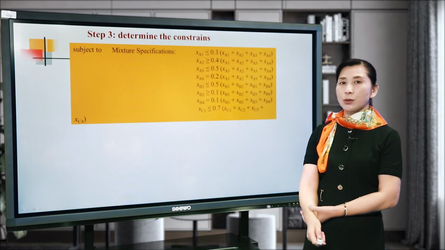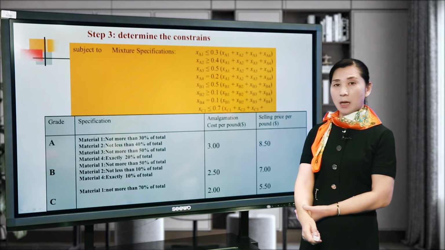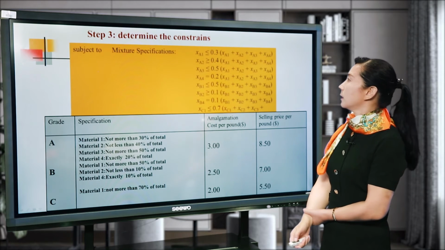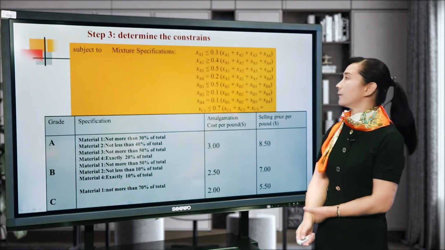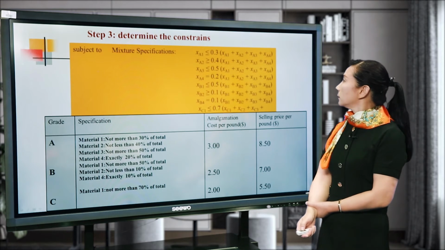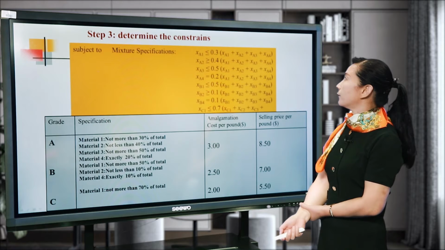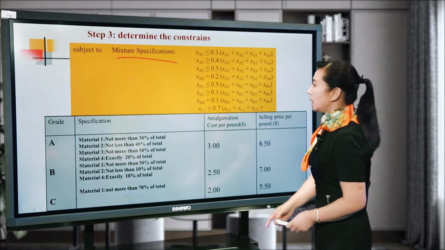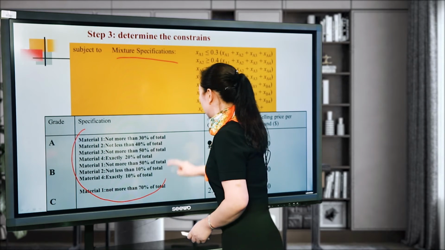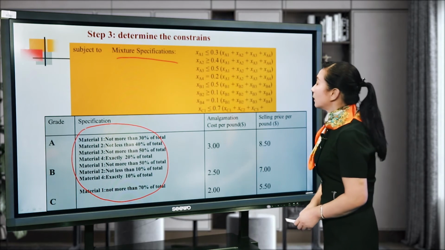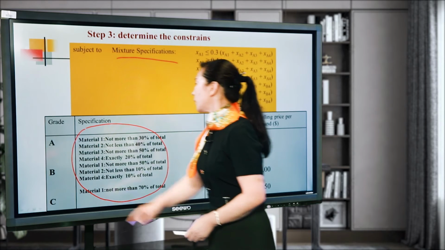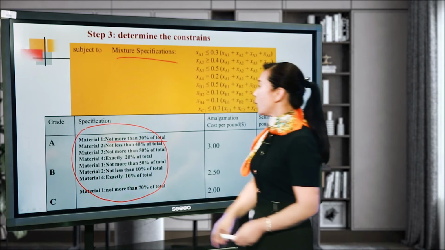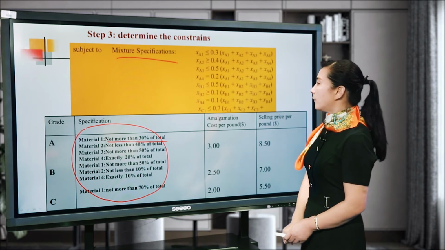Step 3, determine the constraints. In this problem, there are more constraints too. So we determine three kinds. The first kind of constraint is the mix specification, in this table. For grade A product, material 1 is no more than 13% of the total.